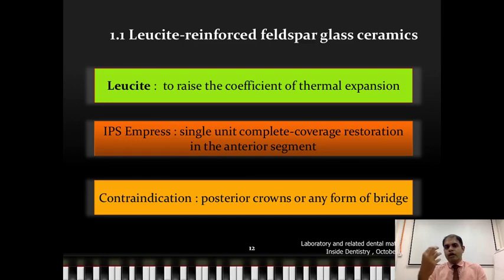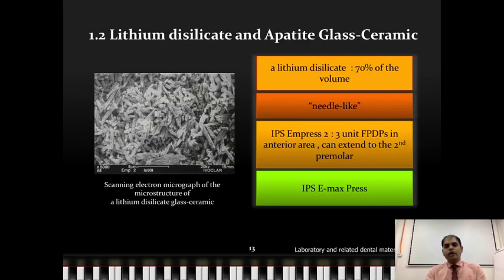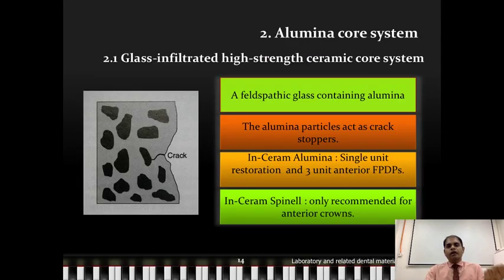Therefore, it is recommended for single unit anterior restorations, whereas lithium disilicate has more compressive flexural strength due to its delicate structure inside. The system derived from it, IPS Empress 2, we can use for anterior single unit restorations, also for 3-unit fixed partial dental prosthesis. We have another version known as IPS Emax Press from lithium disilicate, which is also commercially available in the market.